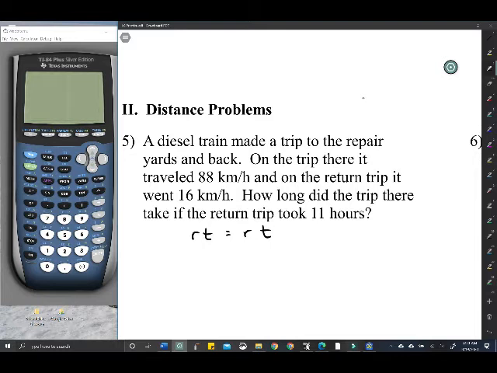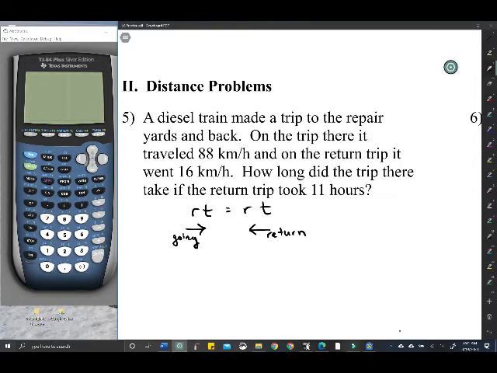How long did the trip there take if the return trip took 11 hours? Okay, so the rate, so this is going, and this is our return. So let's just consider going there, okay?